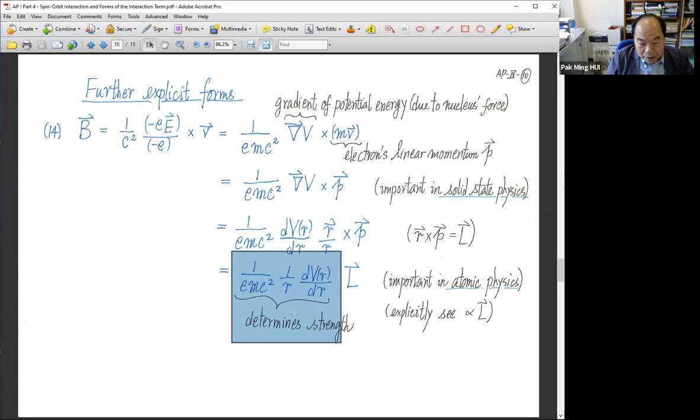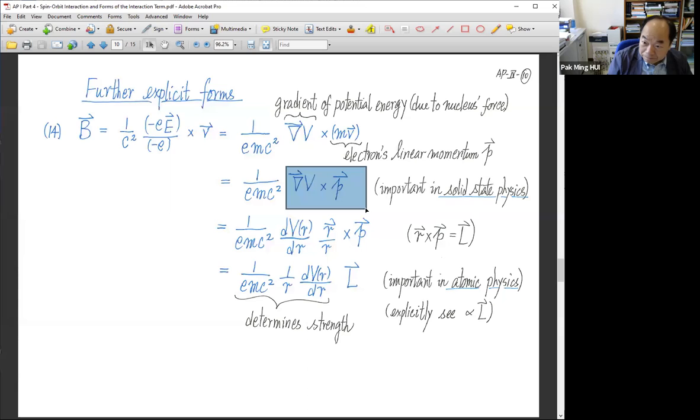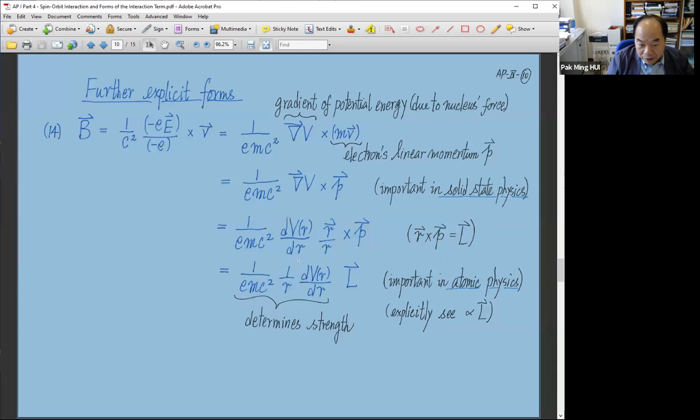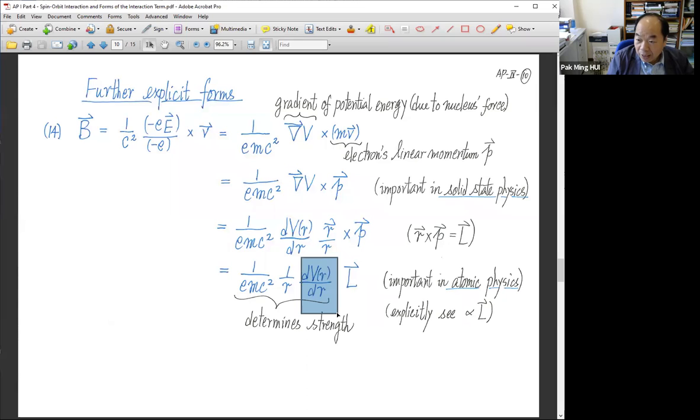So all in all, the summary: B could go like gradient V cross p more generally, and then it can be written into a dV/dr. Now there you pick up a derivative, okay? So if this is a constant, it doesn't work, okay? Even if there's a potential, it doesn't work, okay?